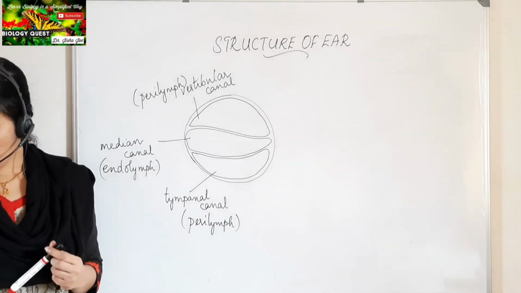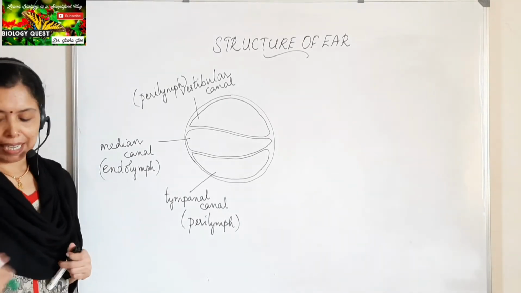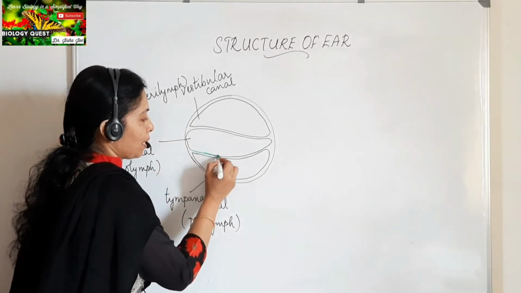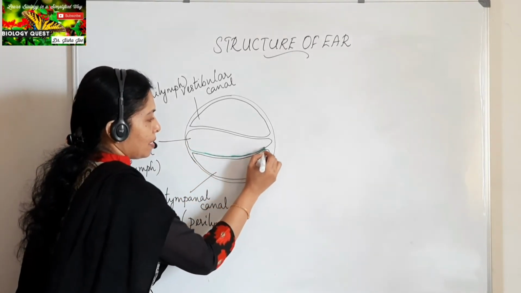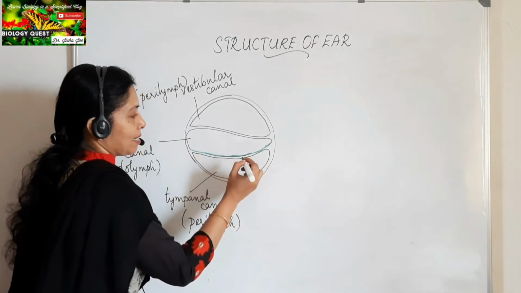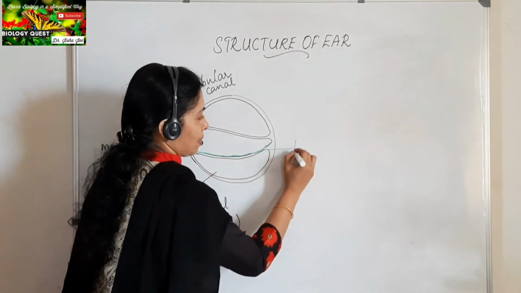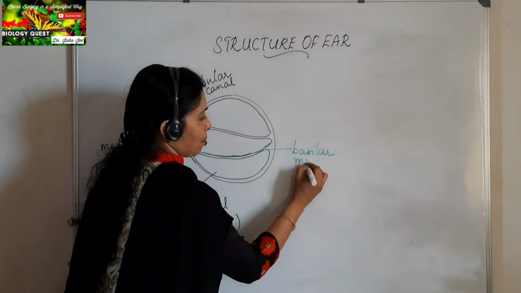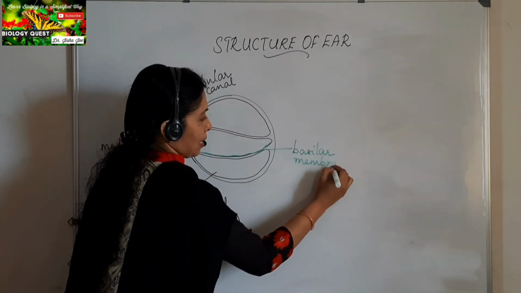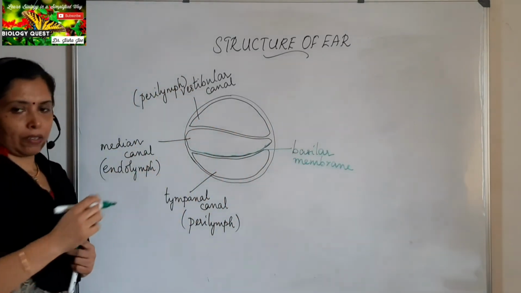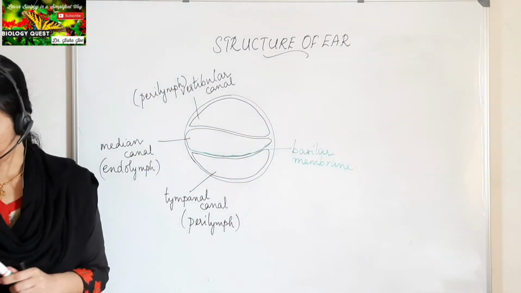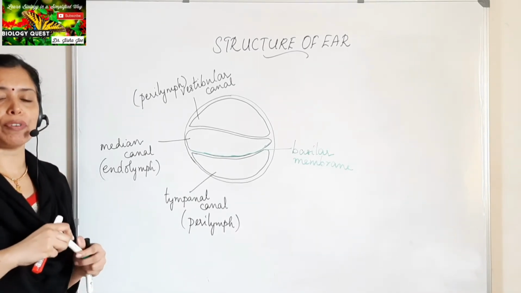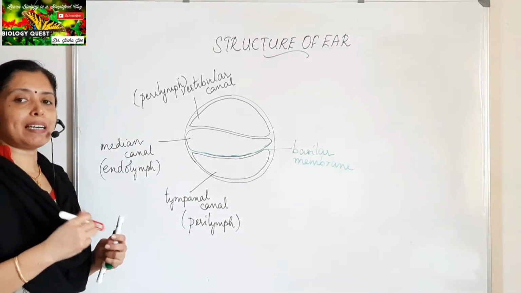Endolymph. Now, if you look at the median canal, the lower membrane of the median canal is called the basilar membrane. On the basilar membrane, there are sensory cells, a group of cells which help us in hearing.